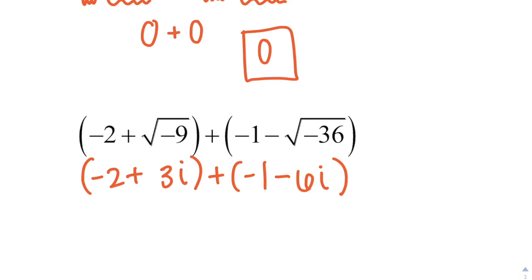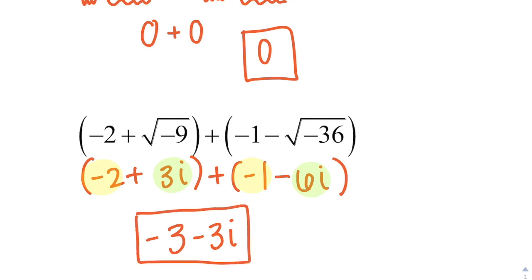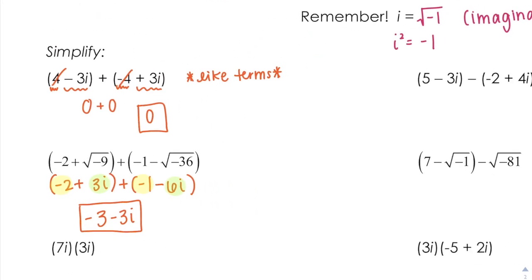And then I'm seeing, what can I add? Well, -2 and -1, that's -3. And then I have 3i minus 6i. Well, 3 minus 6 becomes -3i. Complex number, but not that complex.